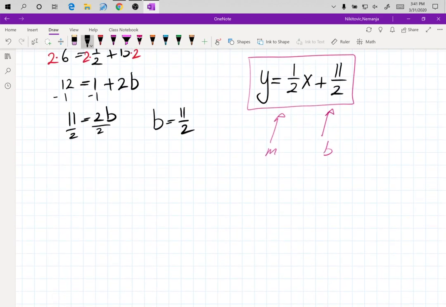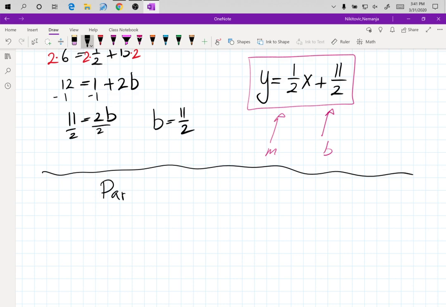The next concept is the concept of parallel and perpendicular lines. So that's the next part which we need to talk about. Parallel and perpendicular lines.